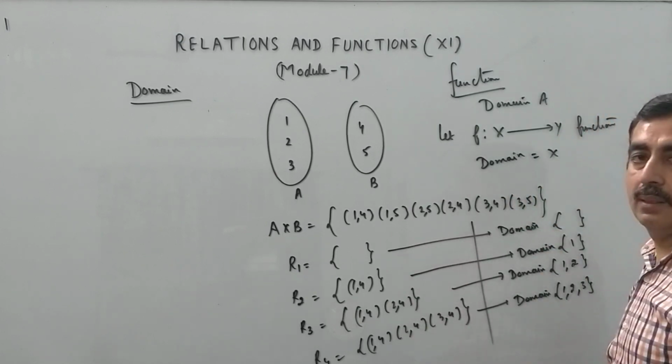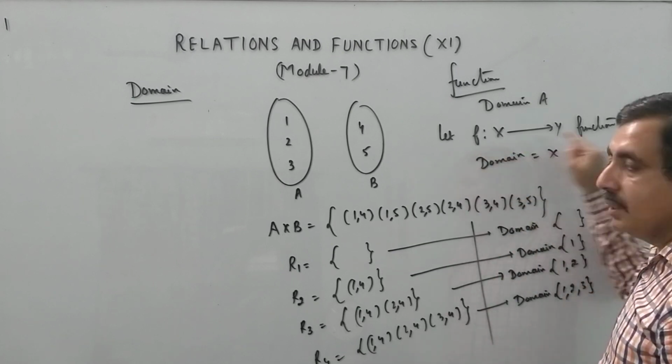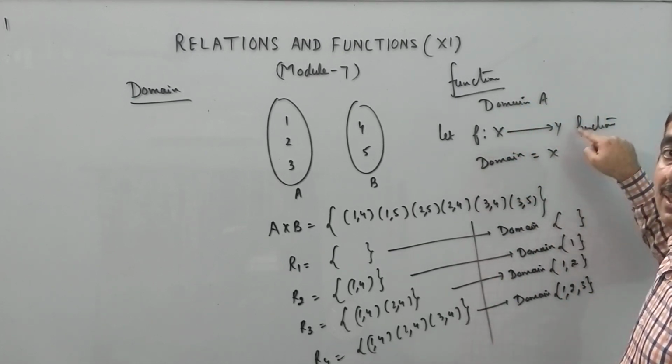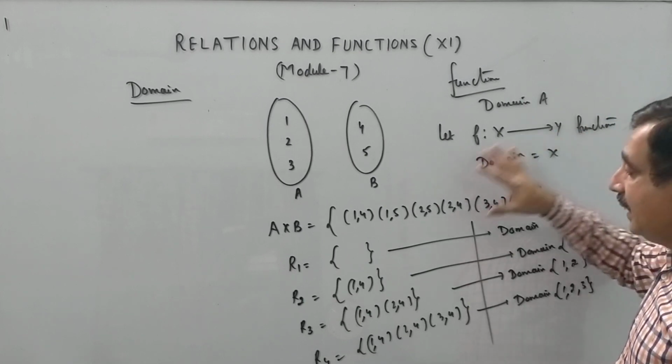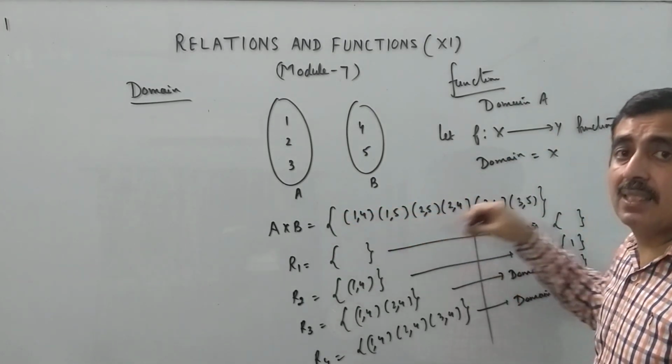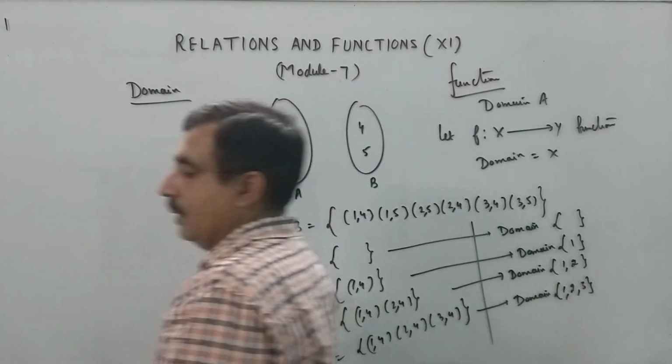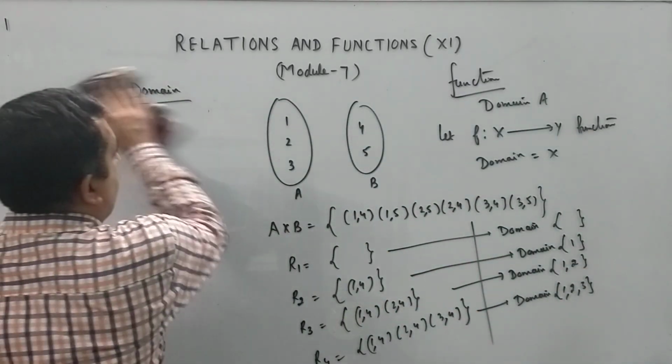It is X. So for function chapter, domain is fixed. Domain is this set and this set is called codomain. But for relation, every relation has a different domain. So let us take some functions and find out their domain.